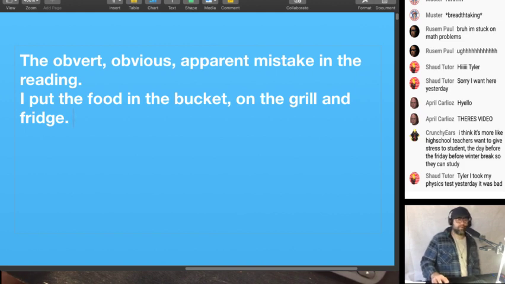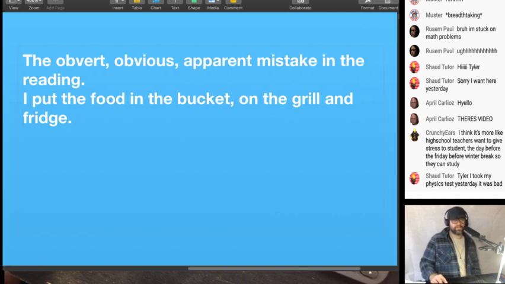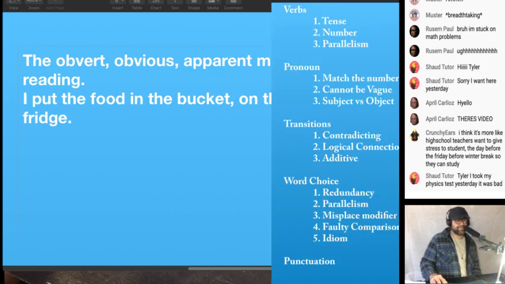I put the food in the bucket, on the grill, and fridge. The pattern that we're establishing is preposition, noun: in the bucket, on the grill. To continue the parallelism of that list, we would need "in the fridge" to finish it out. Then the next thing we have to talk about is a misplaced modifier.